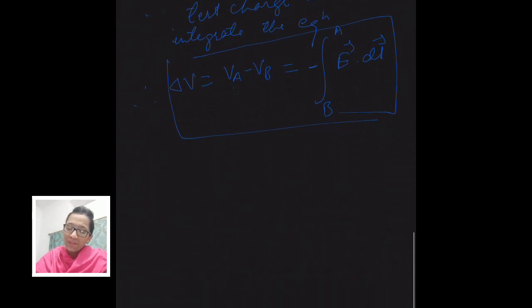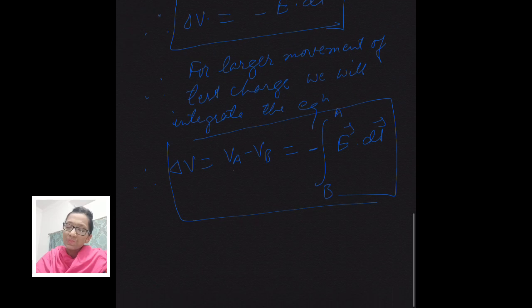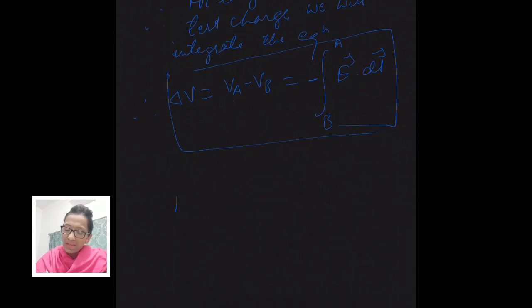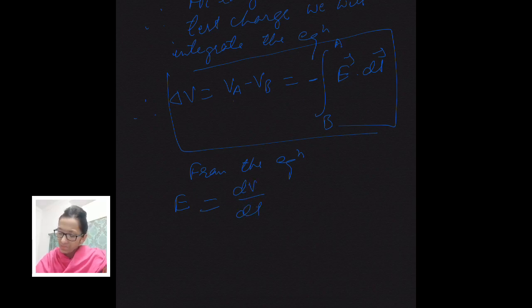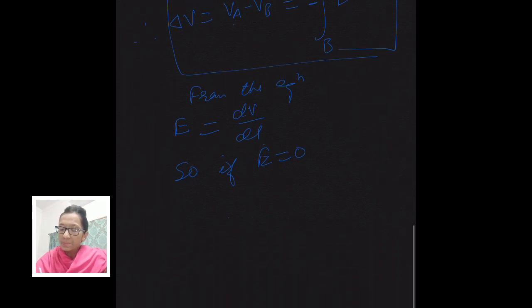Now one more thing: from the equation, E is equal to dV upon dl. So if E is equal to 0, it is differentiation, then V is equal to a constant.